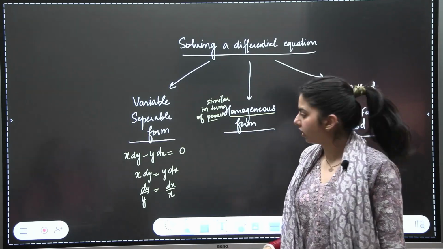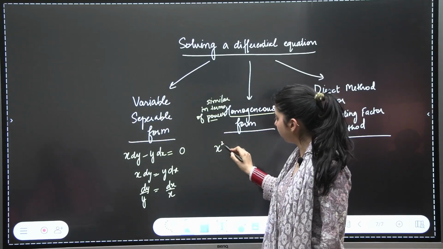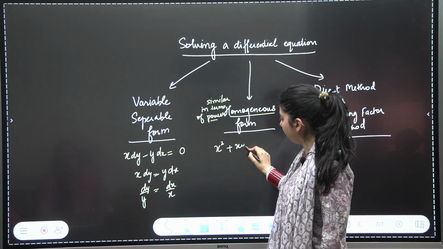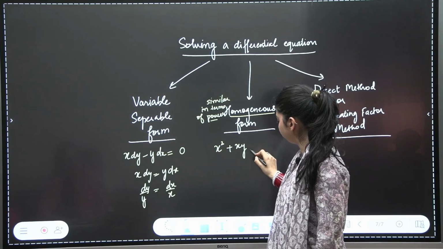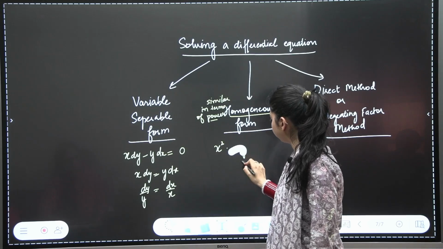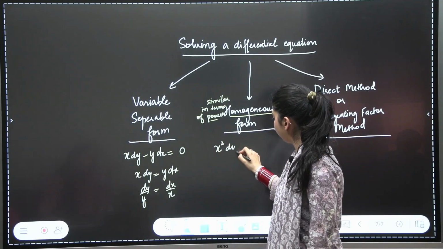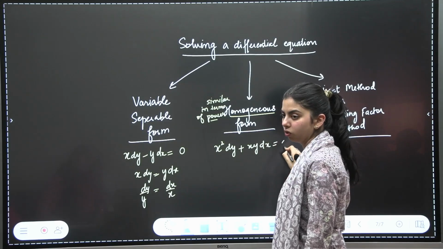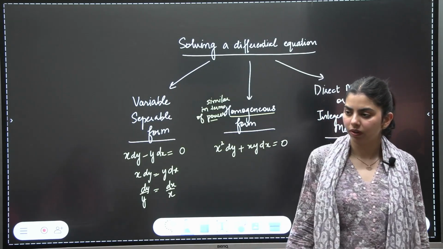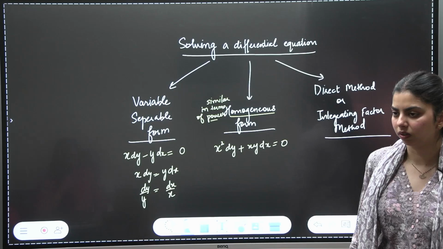So for example, let's say x square dy plus xy dx is equal to 0, right? So you will have the similar degree, the similar power of the terms.